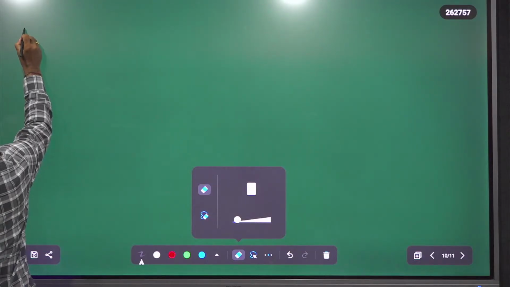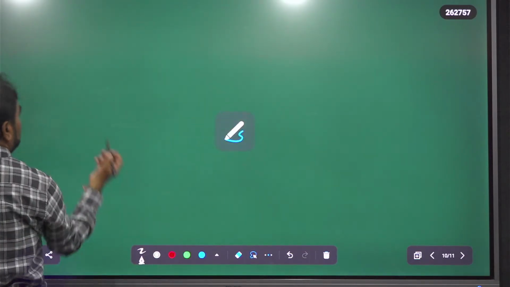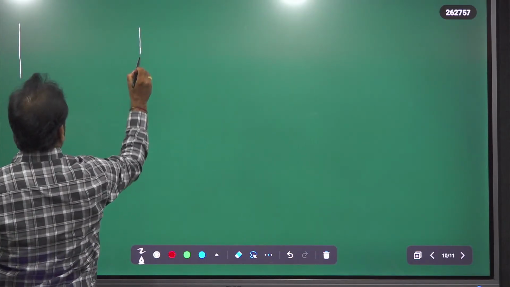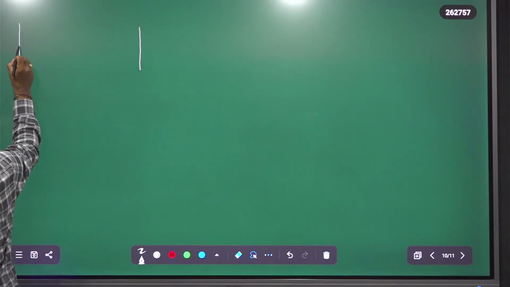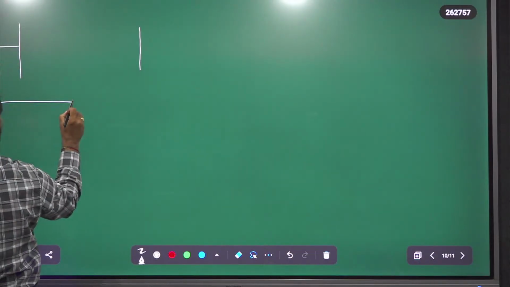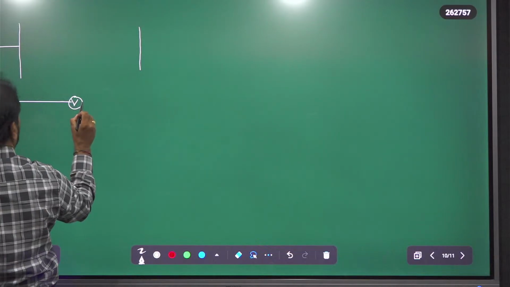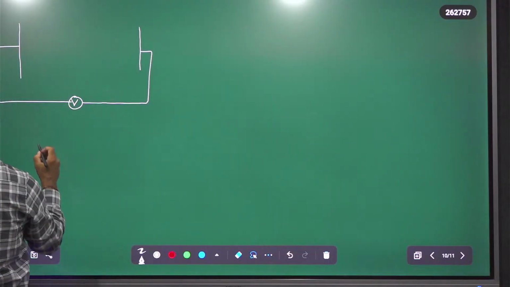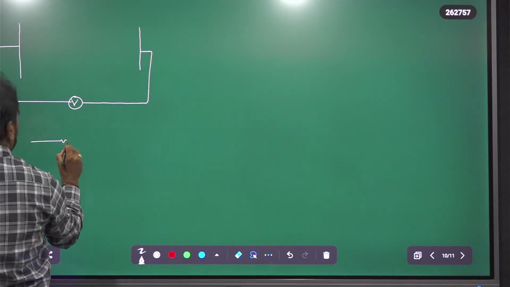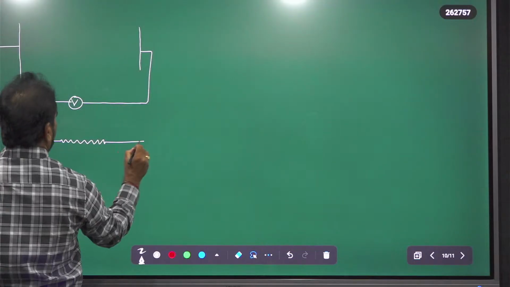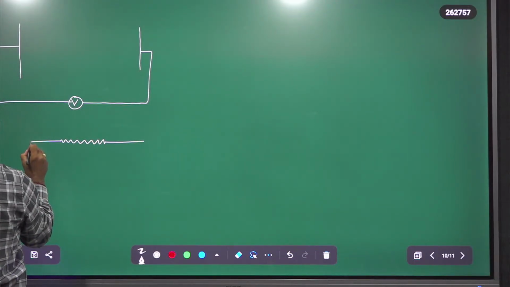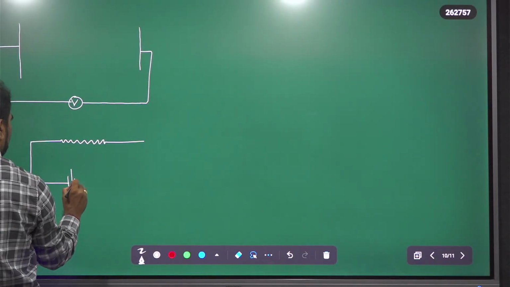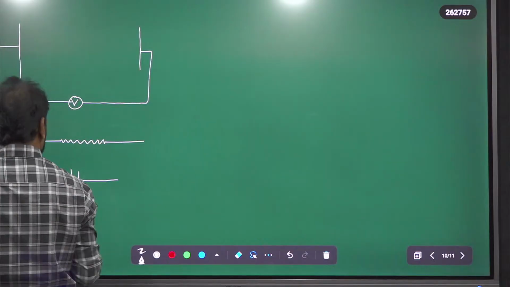See, this is a cathode and an anode. They are placed in an evacuated tube. Across them, one voltmeter is connected. Across the voltmeter, one potential divider is connected with the help of a variable source, negative, positive, negative, positive, like this.